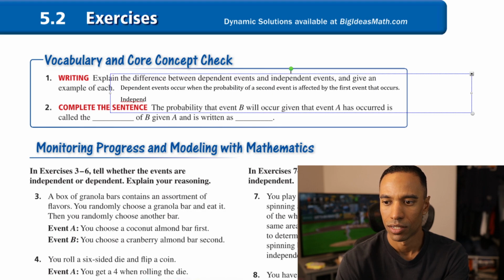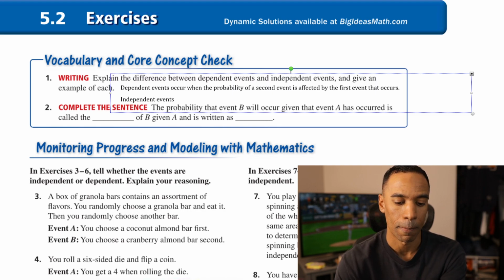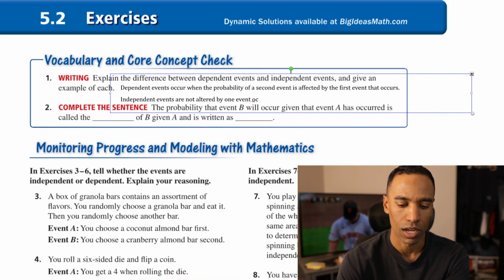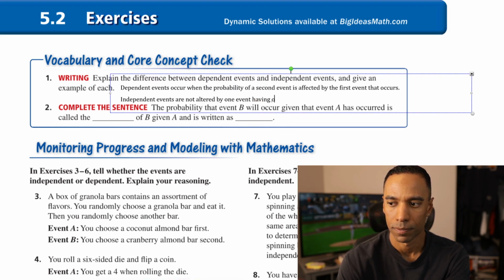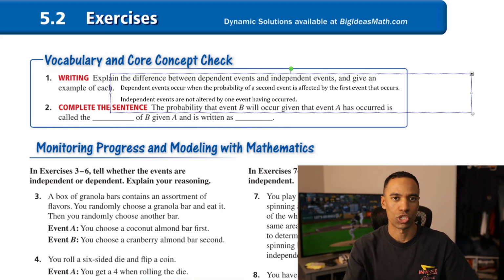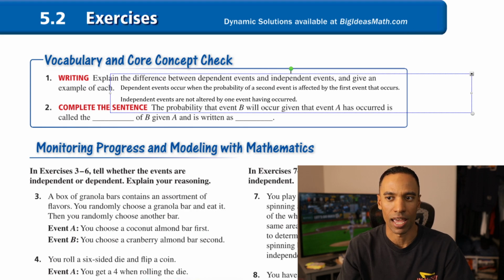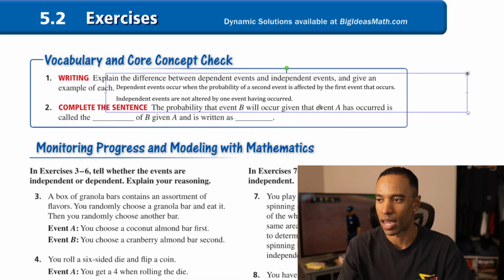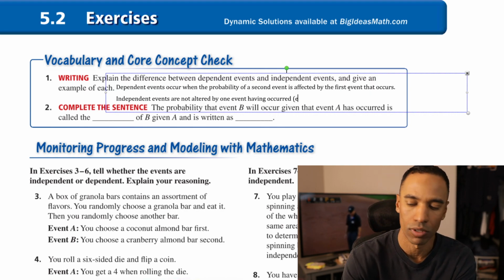Independent events do not depend on each other, and are not altered by one event having occurred. Right? Flipping a coin, I land on heads. That doesn't change my probability of landing on heads or tails again after that. Now, they said give an example of each, so I kind of just said one: coin flips.